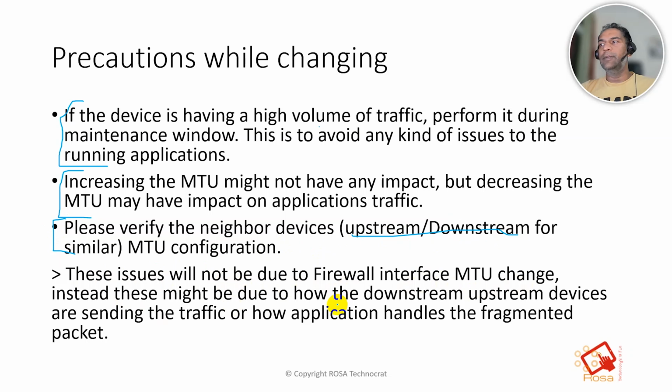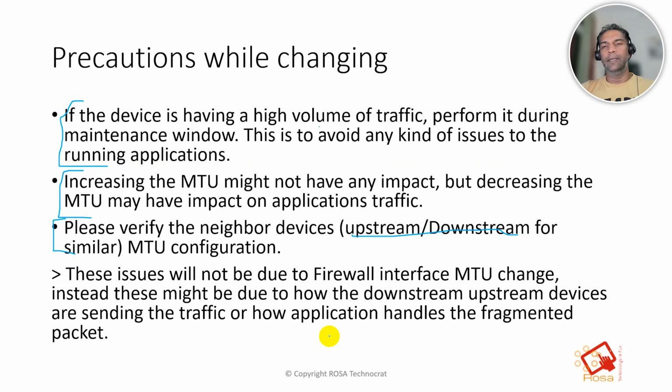Instead, they might be due to how the downstream or upstream devices are sending the traffic, or how the application handles fragmented packets. So performing this MTU change from a FortiGate perspective is perfectly fine, no issue from the FortiGate, but the issue can be to your running traffic because of how the neighboring devices are sending or how the application is handling the fragmentation part.